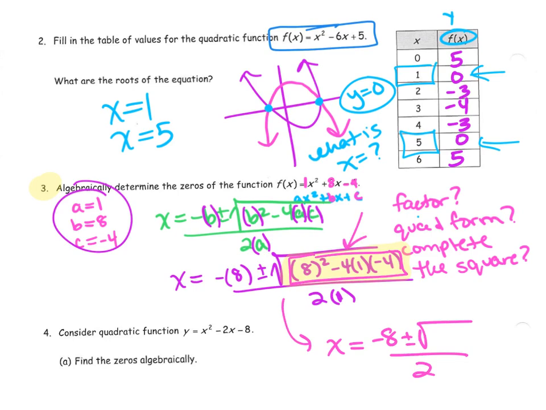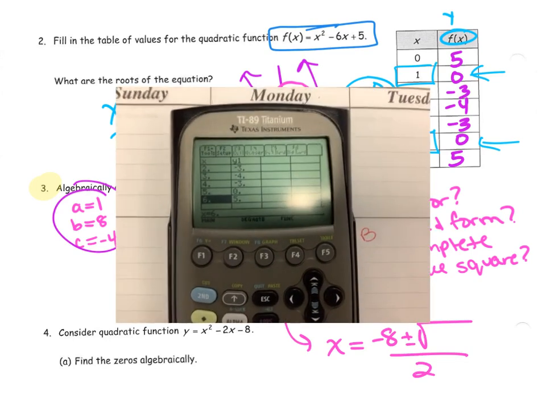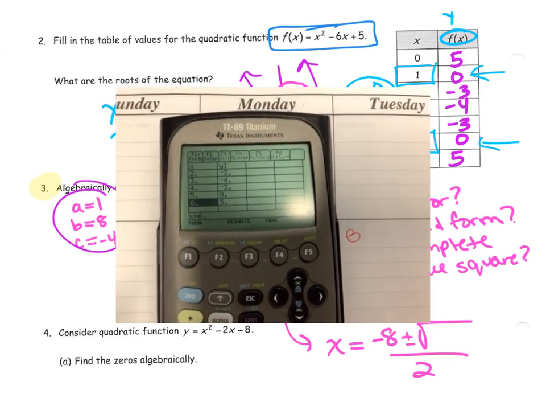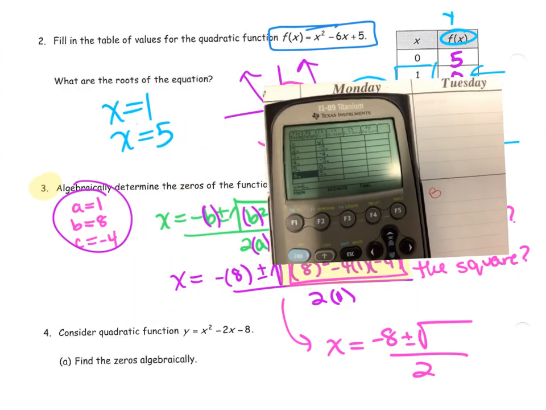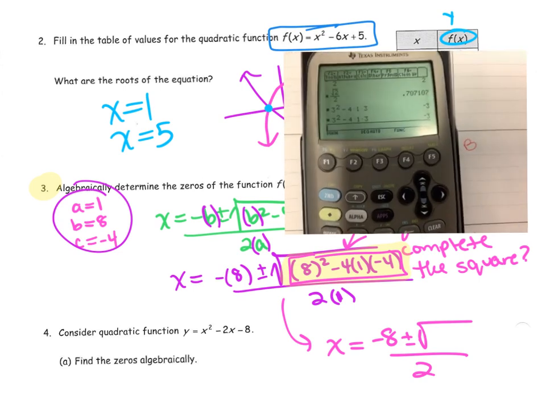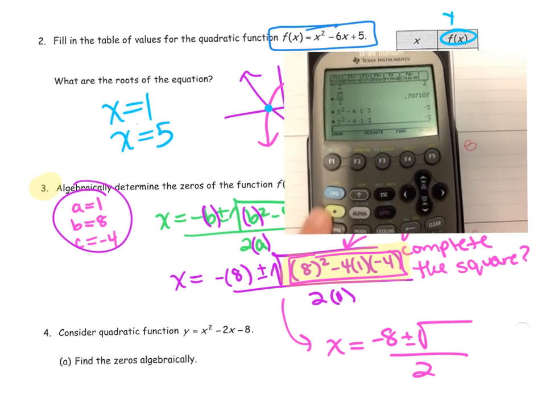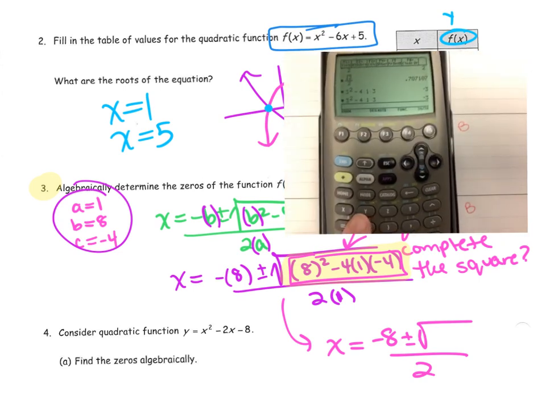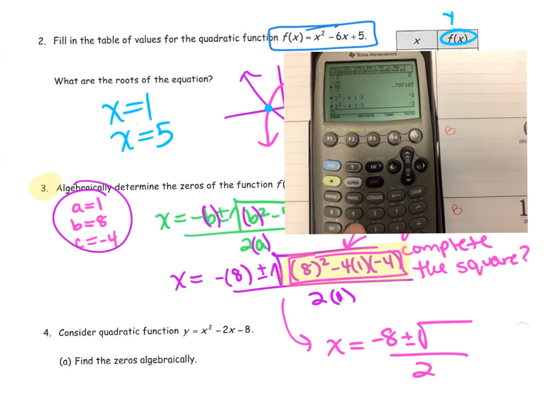So let's put this in the calculator. All right, I've got my calculator here. Let me actually move this over a little. Okay, we're going to go to the home screen. Do not type the square root. We are just going to do what's underneath the radical.